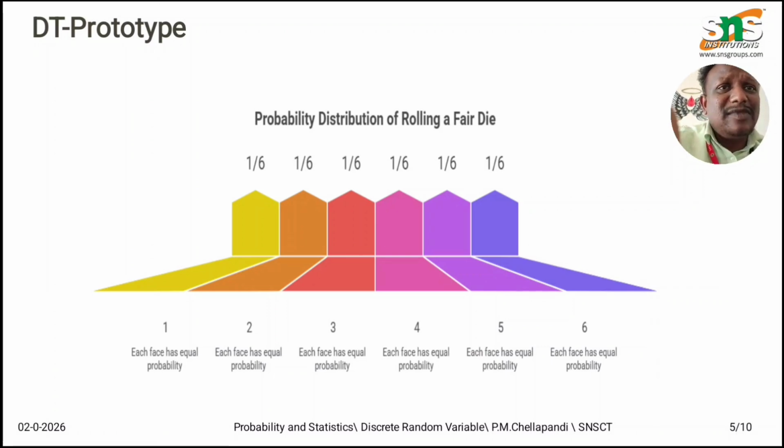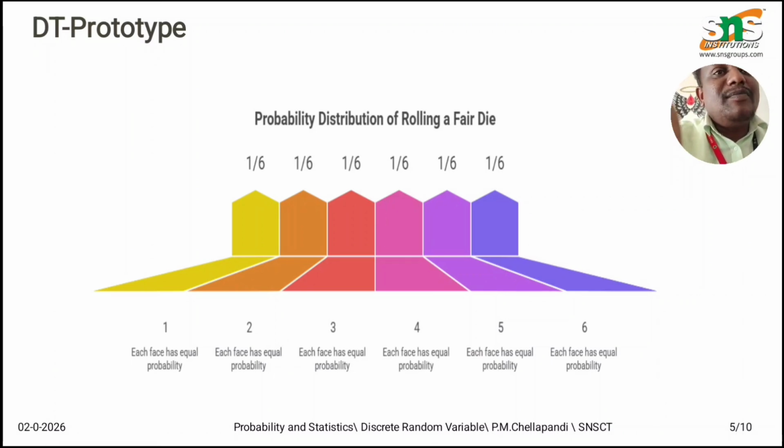The sample space is head head, head tail, tail head, and tail tail. Here the values of x are 0, 1, 2. Therefore the probability is 1 by 4 when x equals 0, 1 by 2 when x equals 1, and 1 by 4 when x equals 2, right?